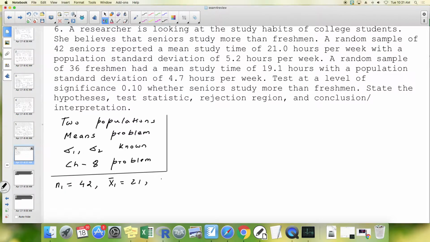So, sigma 1 is 5.2. Next, N2 is 36. X2 bar is 19.1, and sigma 2 is 4.7. All right.